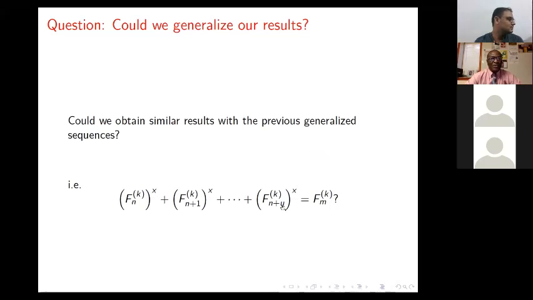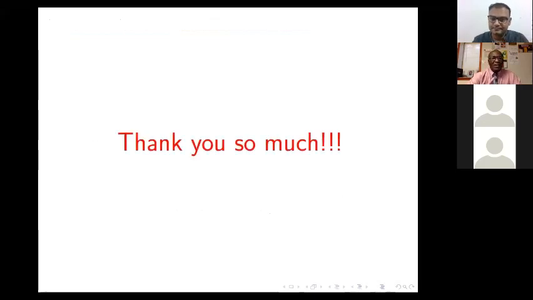If you look at the initial equation, we put k minus 1, so it depends on where you are going to stop. The other thing, as I said many times, is that we have two parameters here, n and k. So it is still possible, but it will be more difficult to solve. That is the last point of my talk, and I will stop here. Thank you so much, and I'm ready for questions.